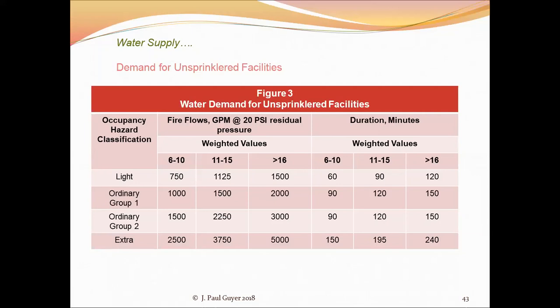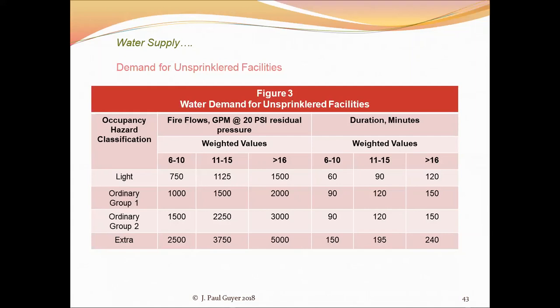For an extra hazard occupancy, the same number of points, 6 to 10, the fire flow requirement is 2,500 GPM. If your building gets over 16 points, light hazard occupancy, 1,500 GPM is required. And for extra hazard, more than 16 points, 5,000 GPM.